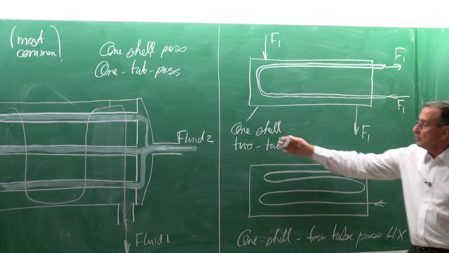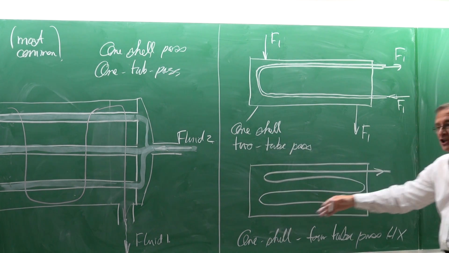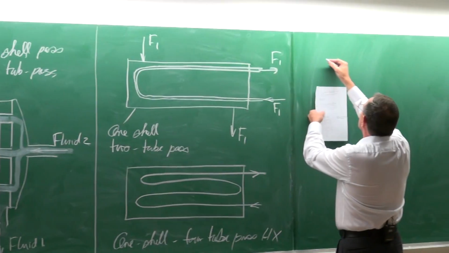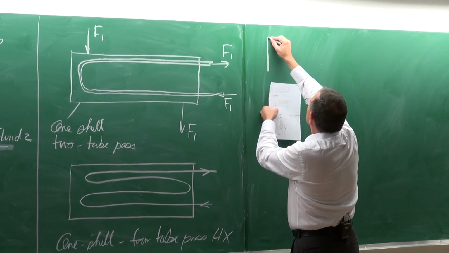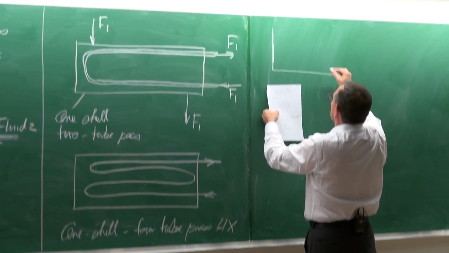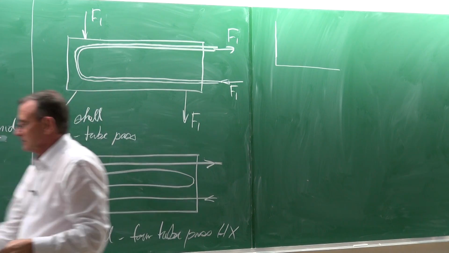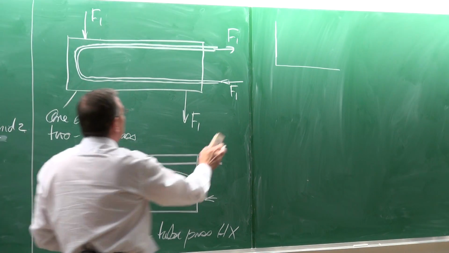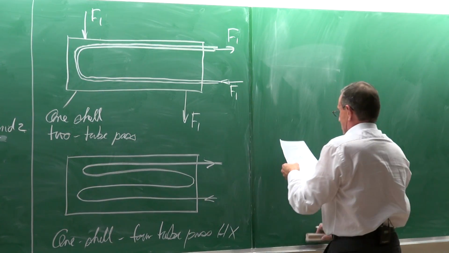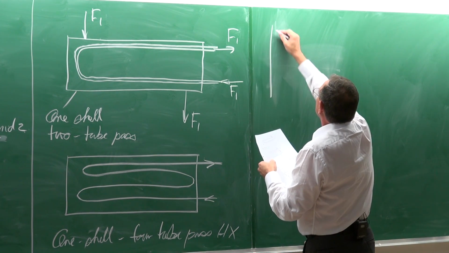Now we can get to a two shell and a three shell heat exchanger. And that looks like that. The shell now can be divided into two parts. I'd rather do it like this. That is the shell.